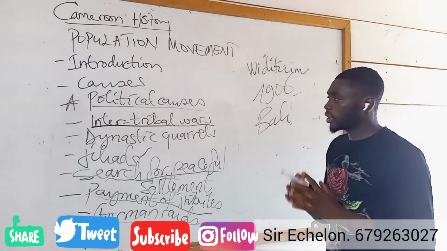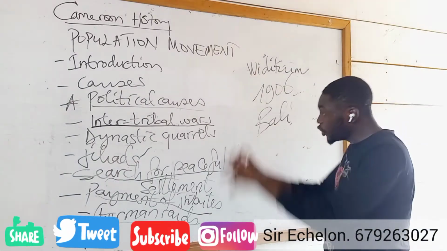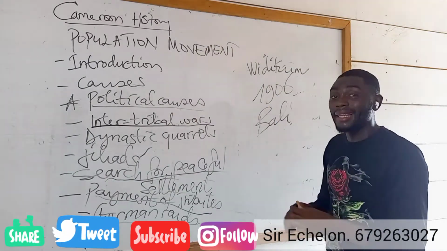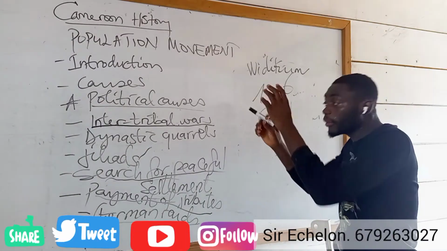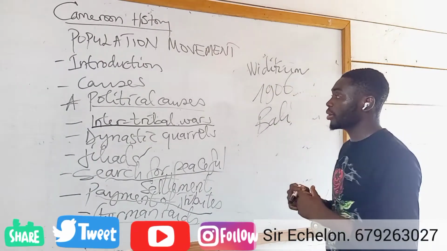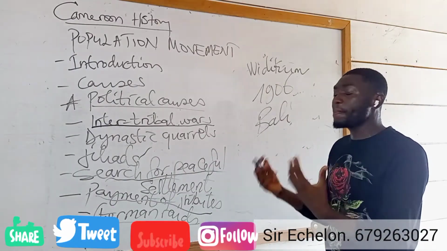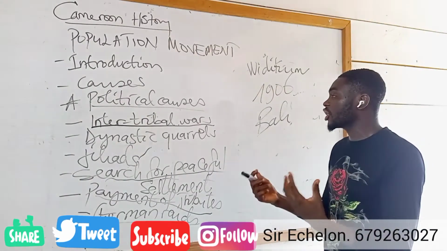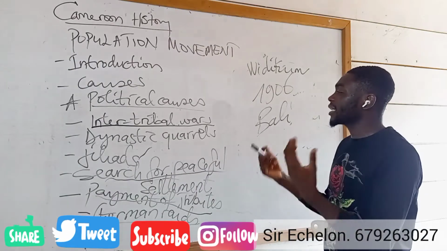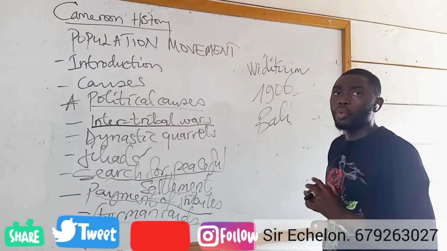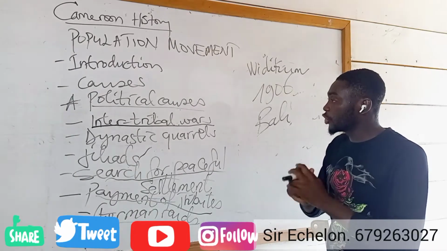Now, from these political reasons, they can still use only these political reasons and set an essay question only on political reasons. For example, they can ask a question: to what extent was the migration of tribes in 19th century Cameroon caused as a result of dynastic quarrels or succession disputes?